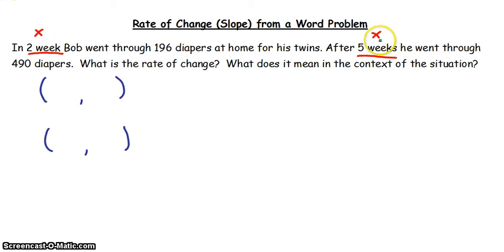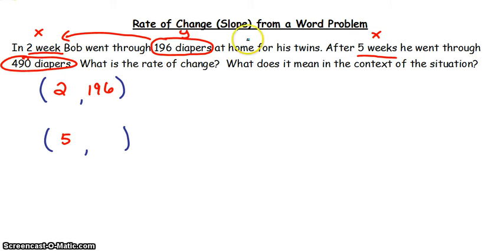Those should be your 2 x coordinates, 2 and 5. And you have to match those up with the other numbers. 196 diapers is matched up with 2 weeks, so (2, 196). 490 diapers is matched with 5 weeks, so (5, 490).